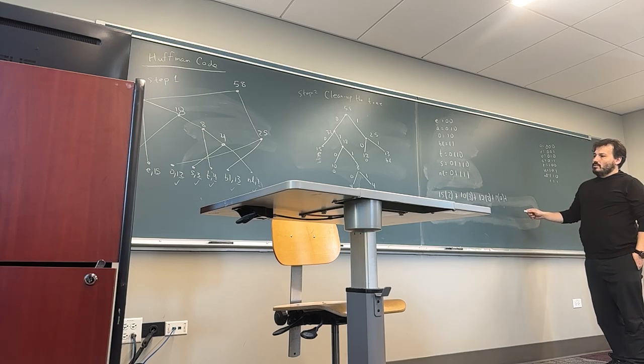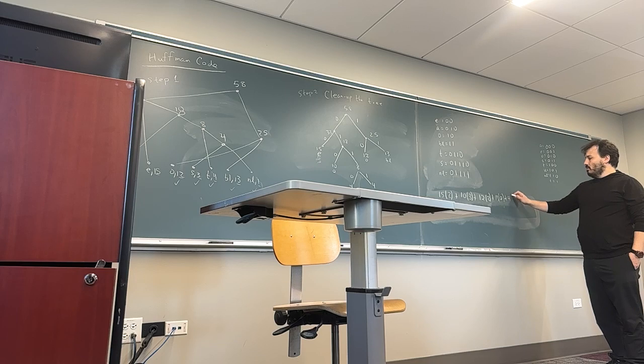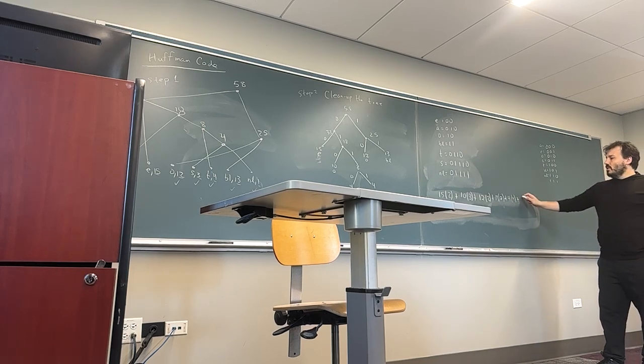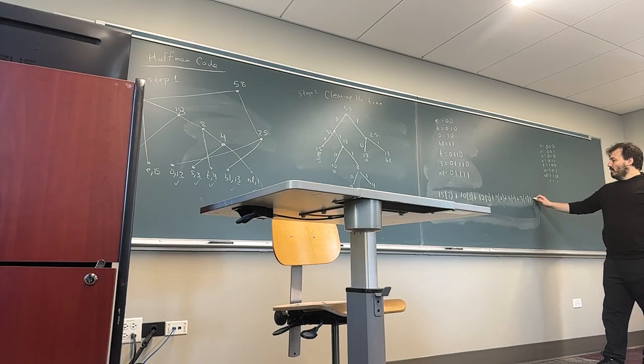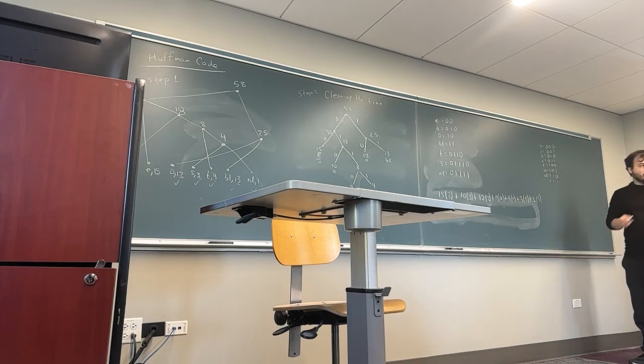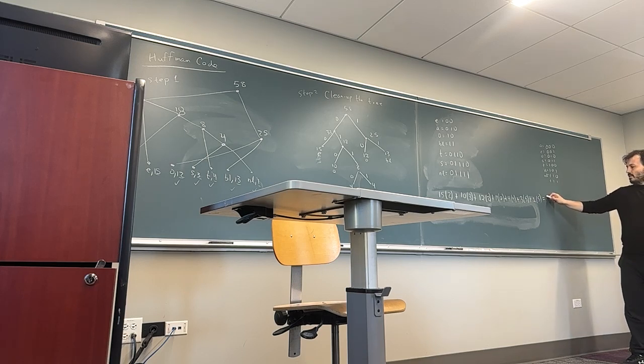T appears 4 times, and we need 4 bits. S appears 3 times, and we need 5 bits. And new line appears once, and we need 5 bits. So we're multiplying the frequency times how many bits it required, and if you add these up, you get 146.